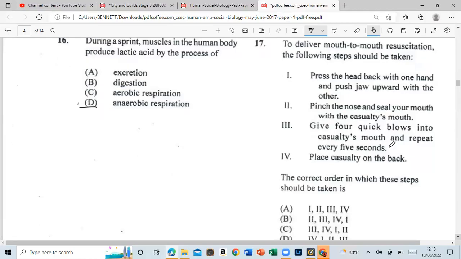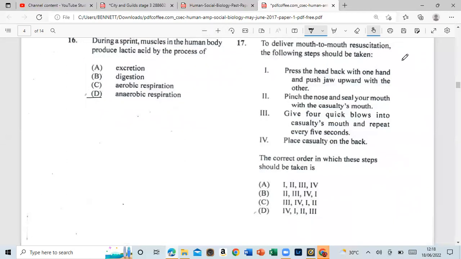These can be really tricky. So I think this should be at the front, and it's the only one. So that's B. If you're going to give mouth to mouth, place them on the back first of all.